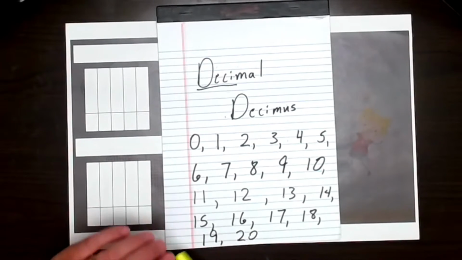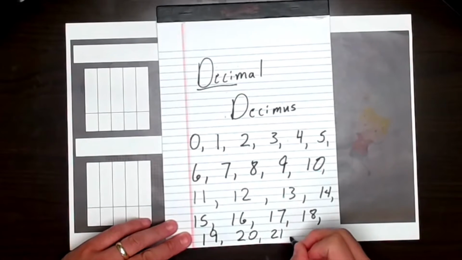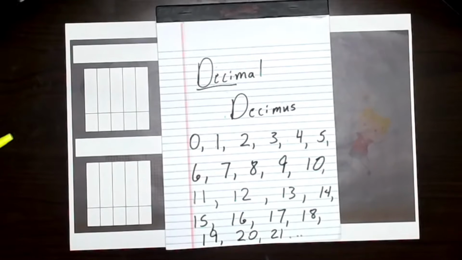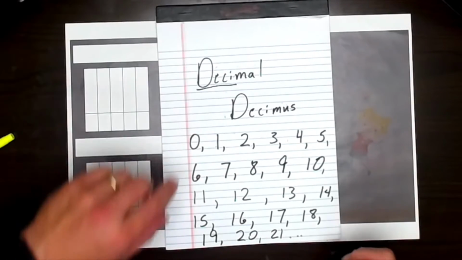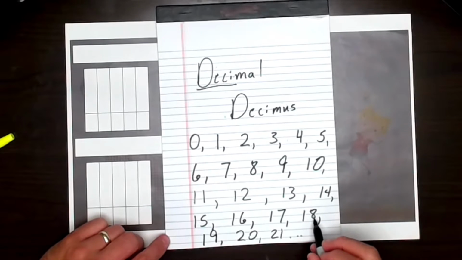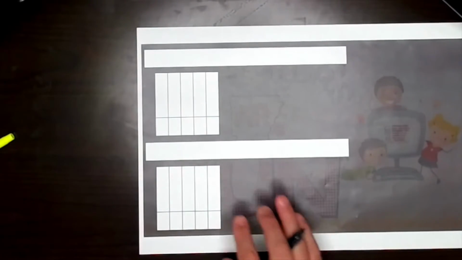And we start back over, because if you remember, what comes next is 21, and the pattern just keeps repeating over and over again. Did you know that we have a term for these spots? They're called placeholders.